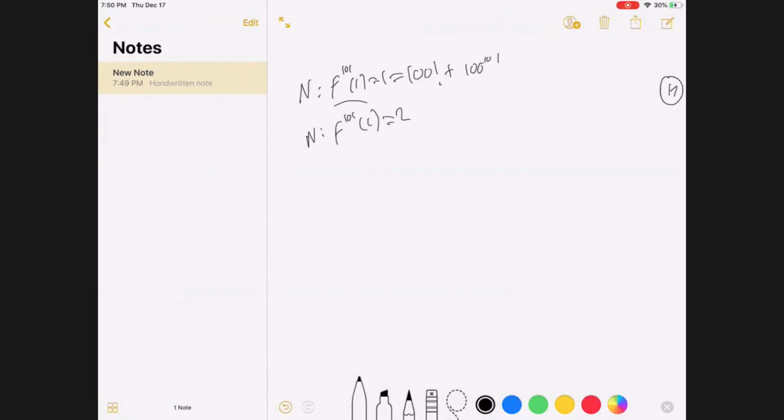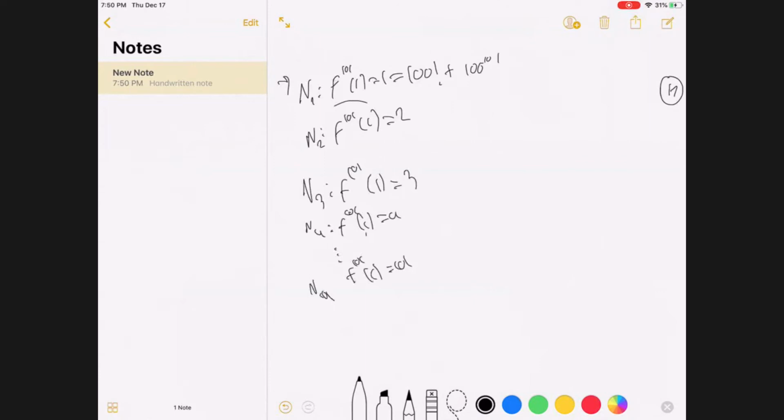So we might think this is useless. But the idea here is that if we find, let's call this n1, n2, we can also consider the other n's. We can consider n3, f to the 101 of 1 equals 3, n4, f to the 101 of 1 equals 4, up to n101, f to the 101 of 1 equals 101.